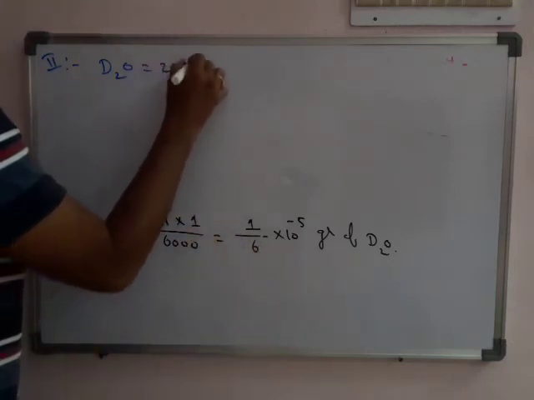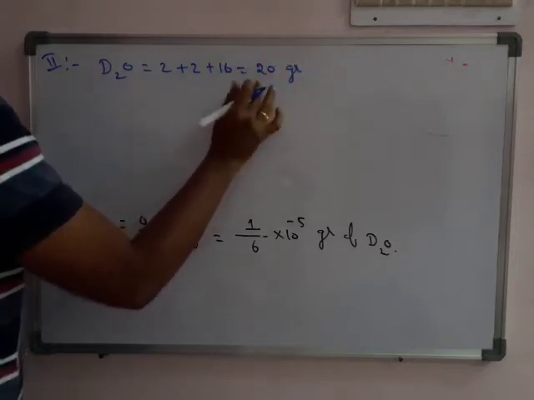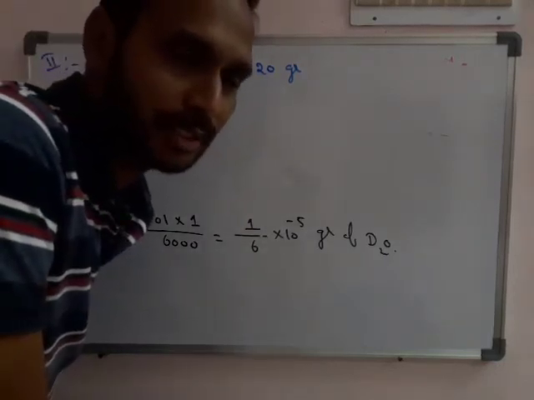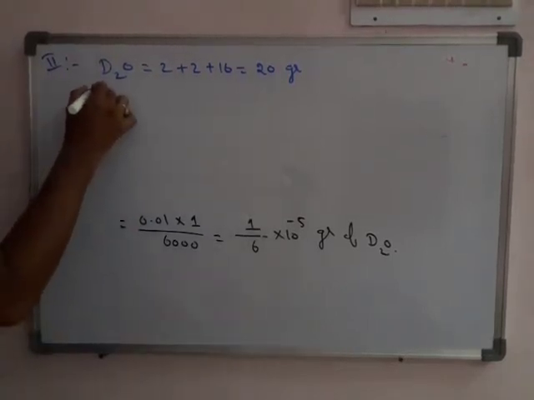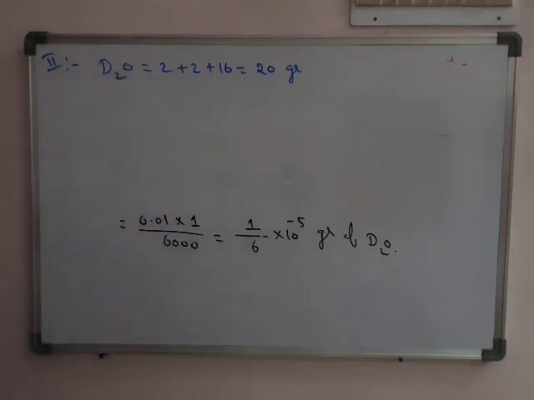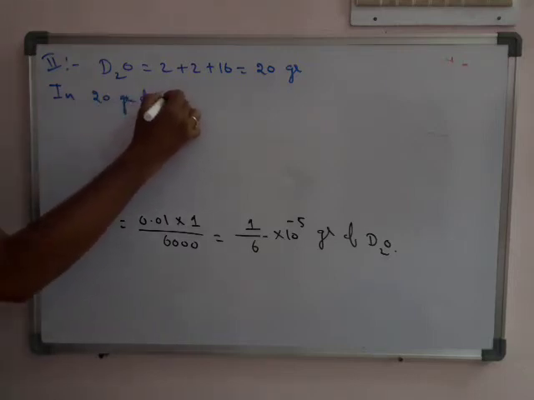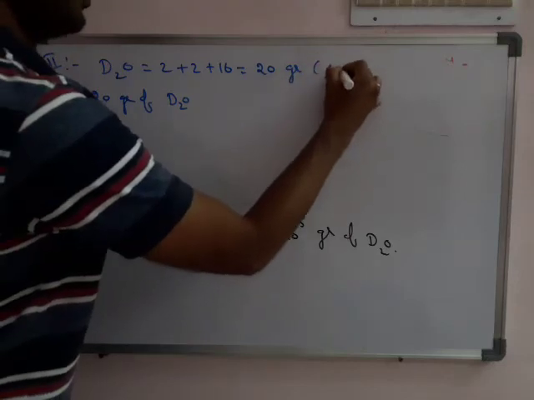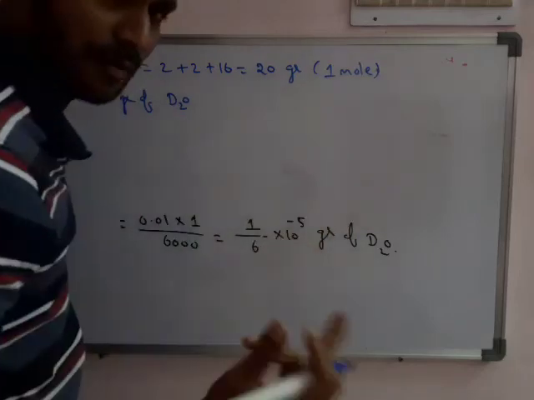So 2 plus 16, that is 20; the molar mass of D2O is 20. Normal H2O we write as 18 grams because it is H11. Here it is H12, so we take 2 plus 2, giving 20 grams. So 20 grams of D2O, being the molecular weight, is equal to 1 mole. How many molecules does 1 mole have? Avogadro number of molecules.